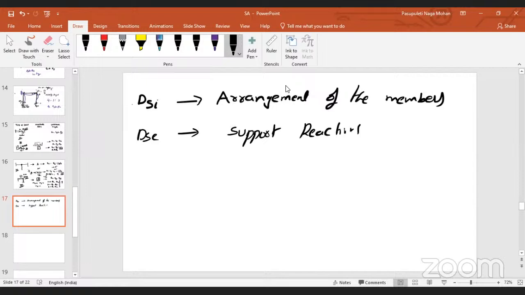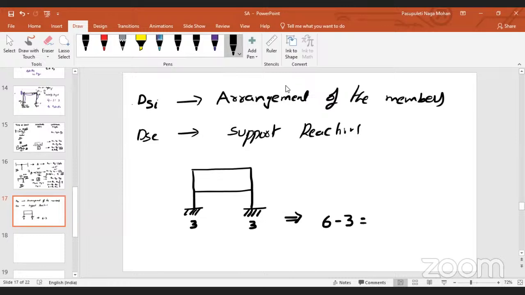Now, if I take a simple frame like this, if I talk about external indeterminacy, first I will look at the supports. Here, 3 unknown reactions are possible. Here, 3 unknown reactions are possible. So total, if I take free body diagram of the entire structure, 6 unknowns, 3 equilibrium equations.